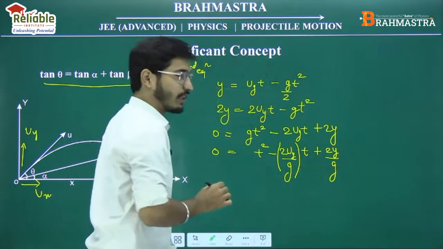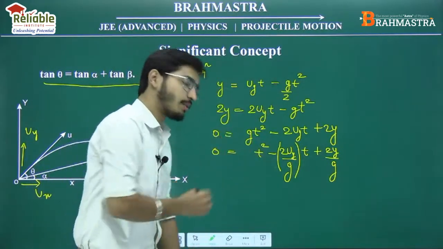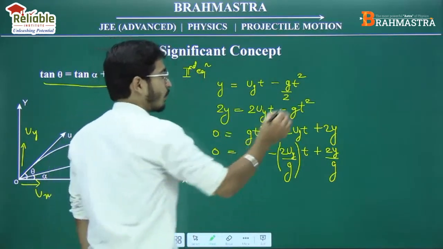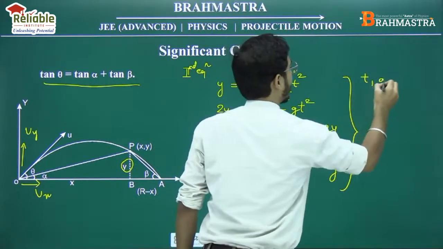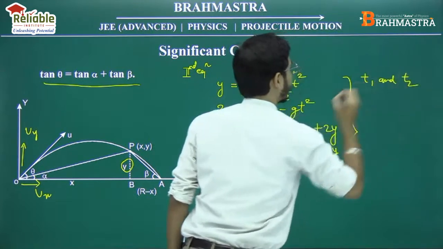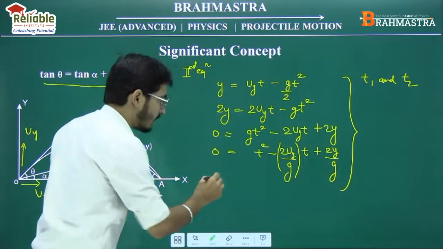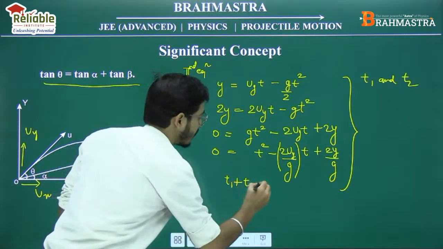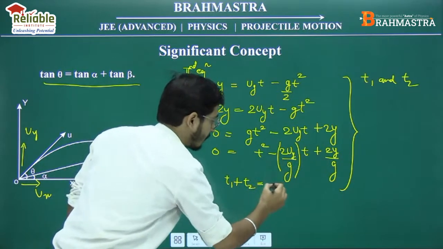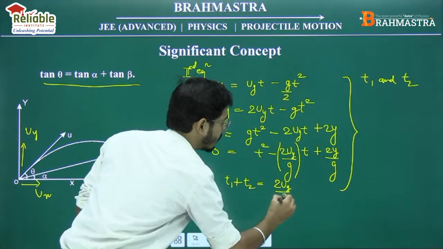Now all of you know that a quadratic equation has two solutions, right? So it's a quadratic equation in the time. Suppose the two roots of this equation come out to be t1 and t2. What we can say about these two roots is that the sum of the roots, t1 plus t2, is equal to minus b by a, and that is 2uy over g.